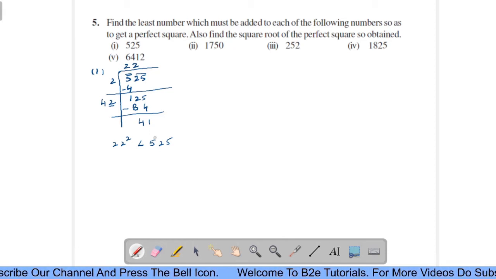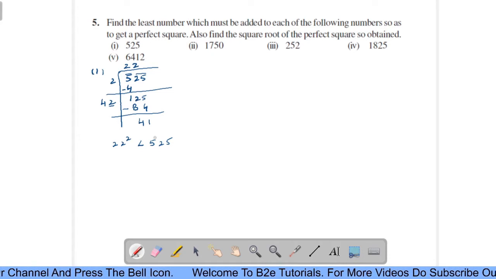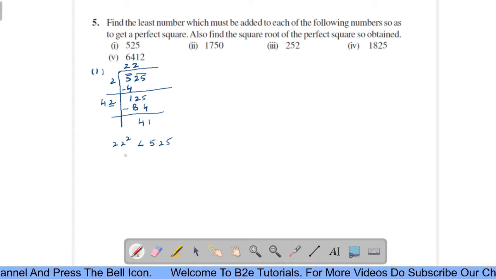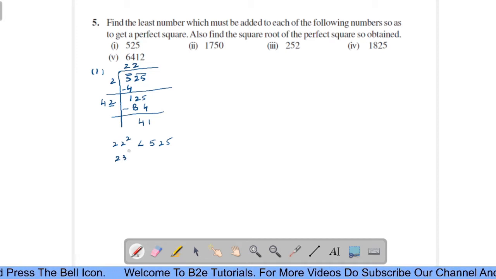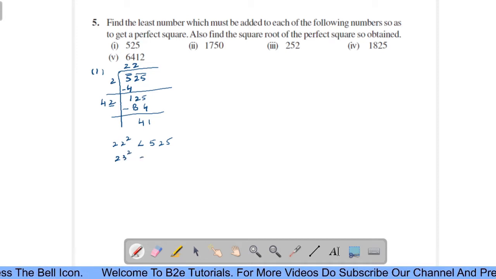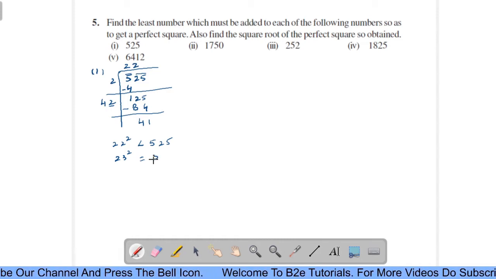You have to take the next perfect square, that is 23 square. What is the square of 23? 529.